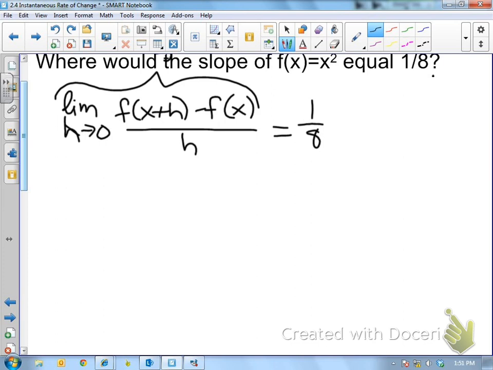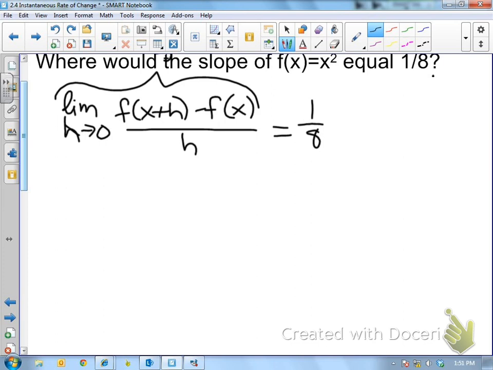On example 1, we plugged in 1 for x, and then we did a second step. That was actually the third step. We got rid of the f. We did something to get rid of f.